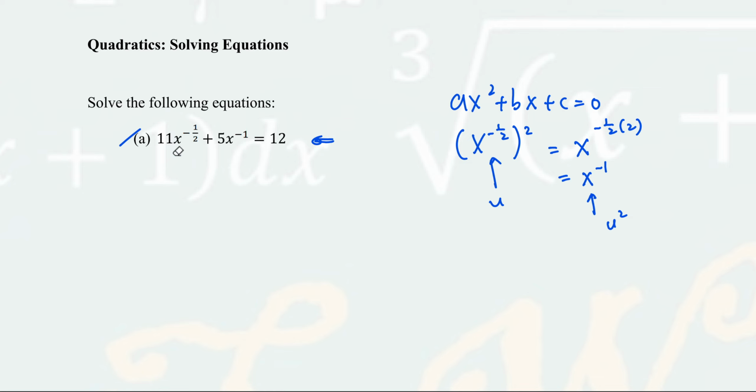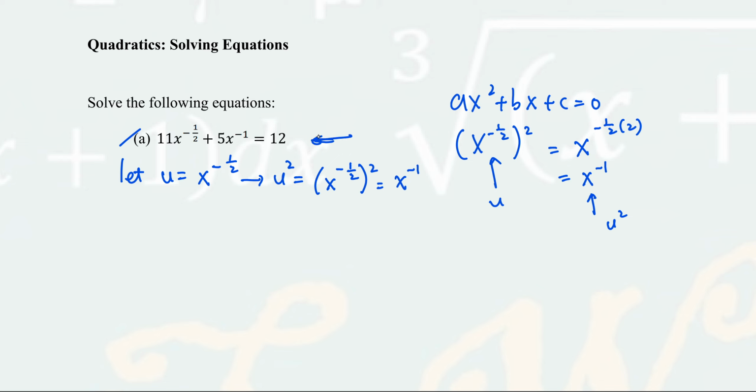So I will start with let u = x^(-1/2). Therefore, my u squared is x^(-1/2) squared, which is x^(-1).